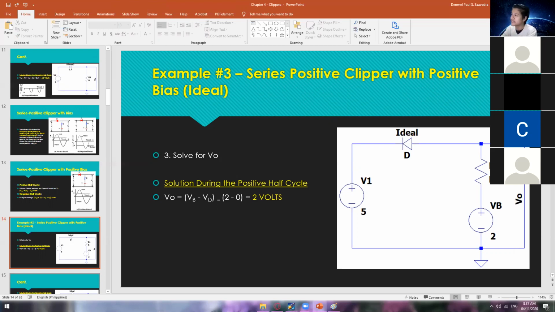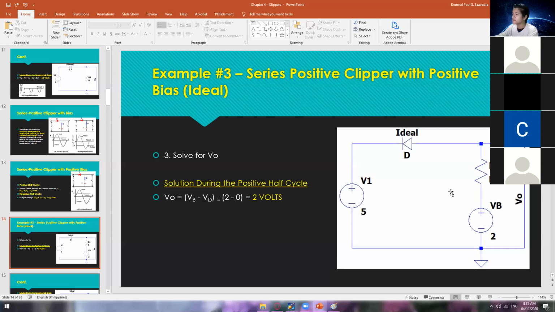So in series positive clipper, it is the other way around, since our V sub B will travel to the nearest path of our V sub O. So as you can see right here, as our V sub B conducts, it will now also pass through this V sub O. Wherein I said a while ago that if our V sub B is greater than V sub I, then that's the only time that our V sub B will conduct.